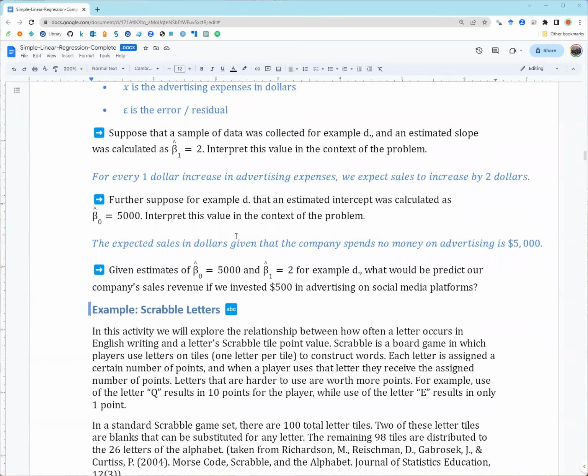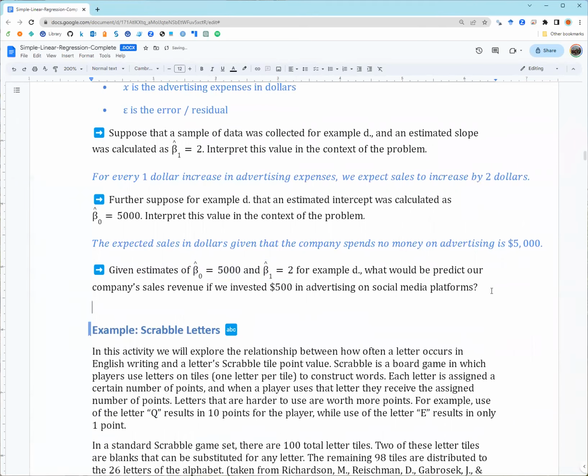Based on our data set, we had the estimated intercept and the estimated slope. And now we're thinking we're going to spend $500 on advertising next month. How much do we expect for sales given that we're putting that much into advertising this month?